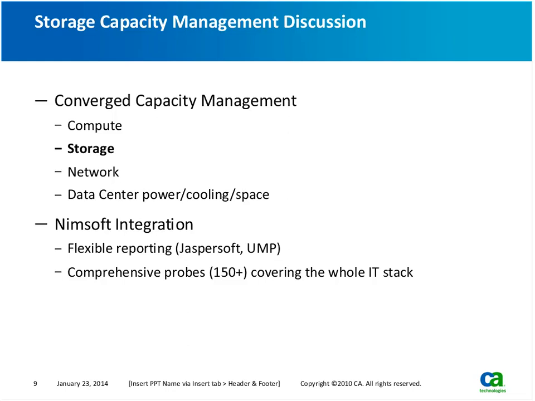Currently we have capacity management focusing on compute, a little bit of storage, a little bit of network, very thin, and the CAD/CIM product focusing on the data center power, cooling, and space aspect. So there are definitely opportunities for these 2 products to be integrated together, maybe presenting a view somewhere, maybe in NIMSoft. Again, it's further down the road, depending on what user interface we're talking about, to give customers that single pane of glass for their converged capacity management view.